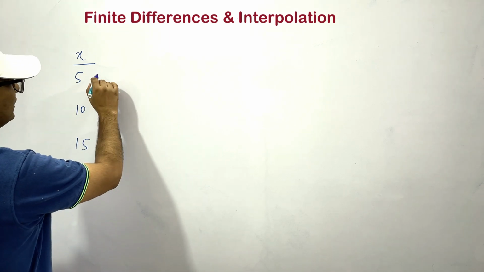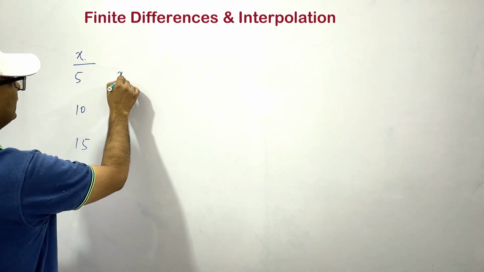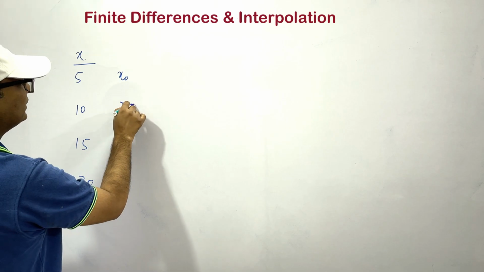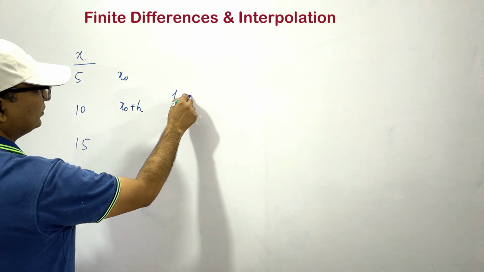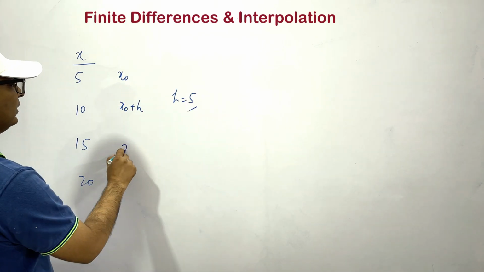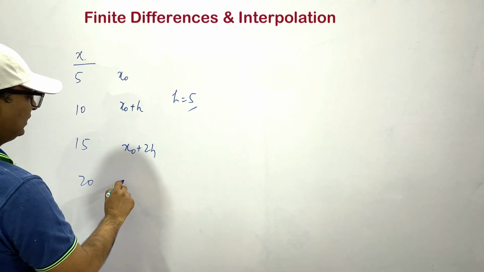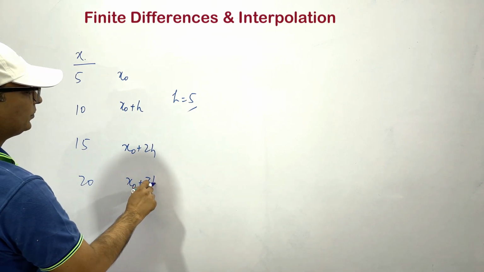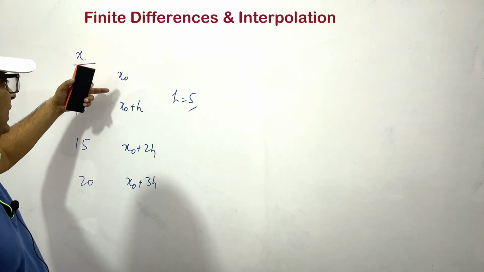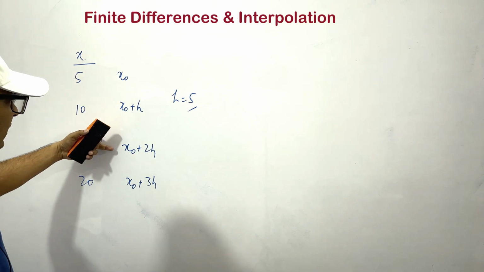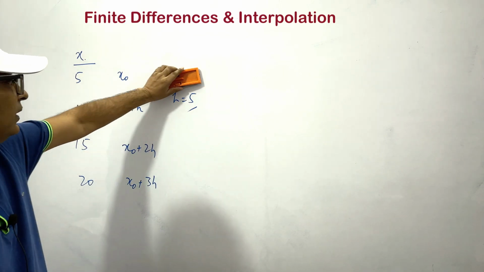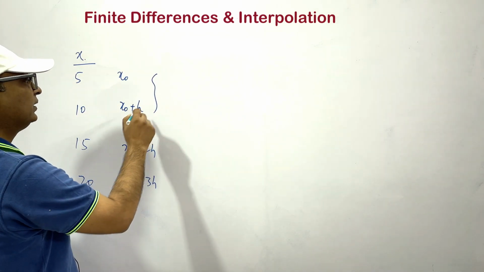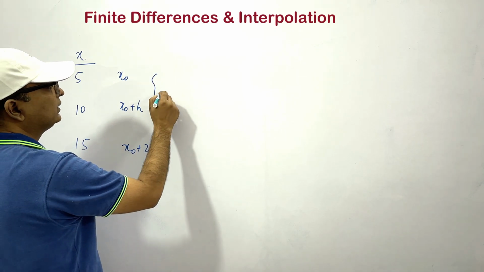So we can say this is x0, this is x0 plus h, where we have h equal to 5, this is x0 plus 2h, x0 plus 3h. Okay, so we have differences in the variable, that is, the difference between 2 points is h.